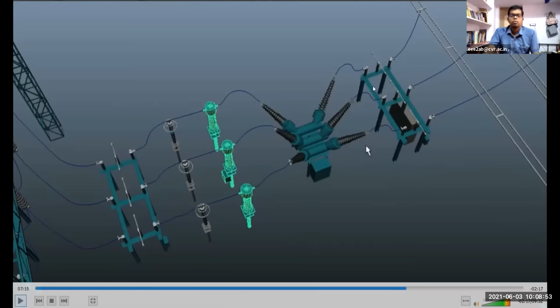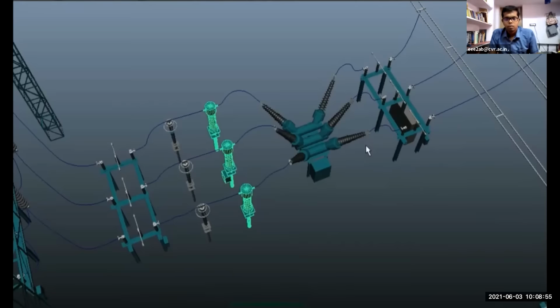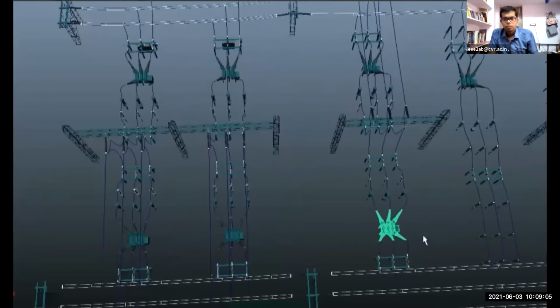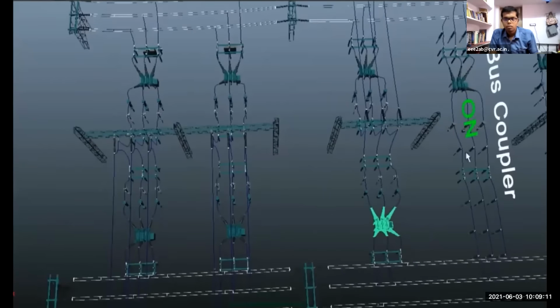It consists of a number of equipment, and on each equipment we can do work safely by isolating them with the help of isolators. Similarly, if we want to do the maintenance of this circuit breaker, then we have to ensure that the bus coupler is switched on.